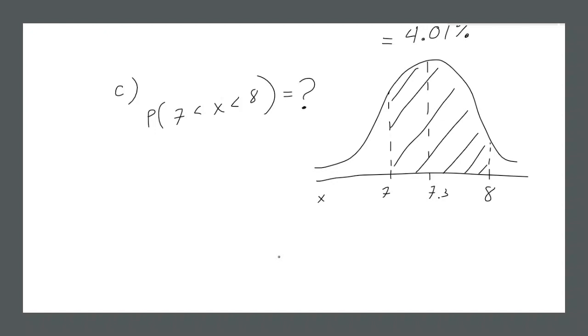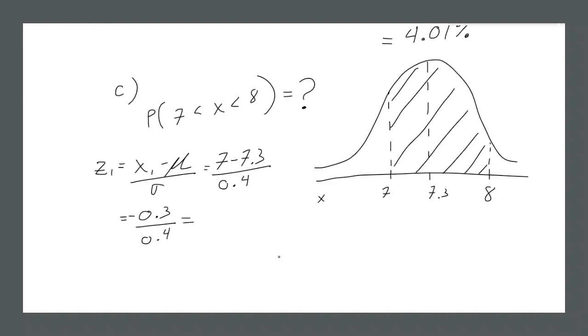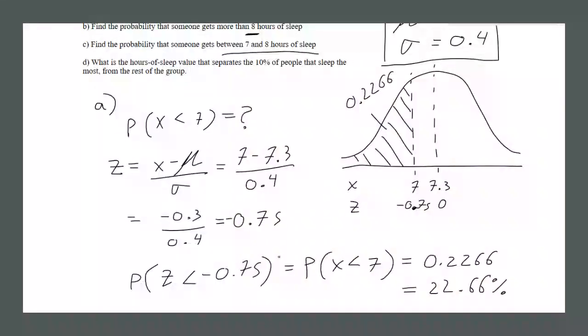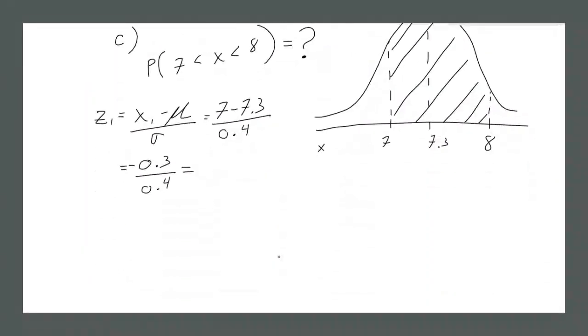Now, we have two Z values. Z1 is X1 minus mu divided by sigma, which is 7 minus 7.3 divided by 0.4, or negative 0.3 divided by 0.4. We actually calculated this before in part A, and we came to negative 0.75.